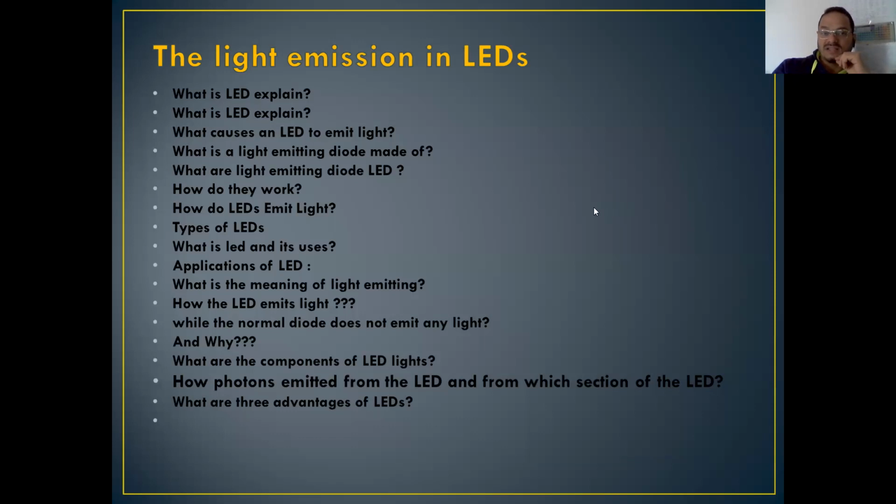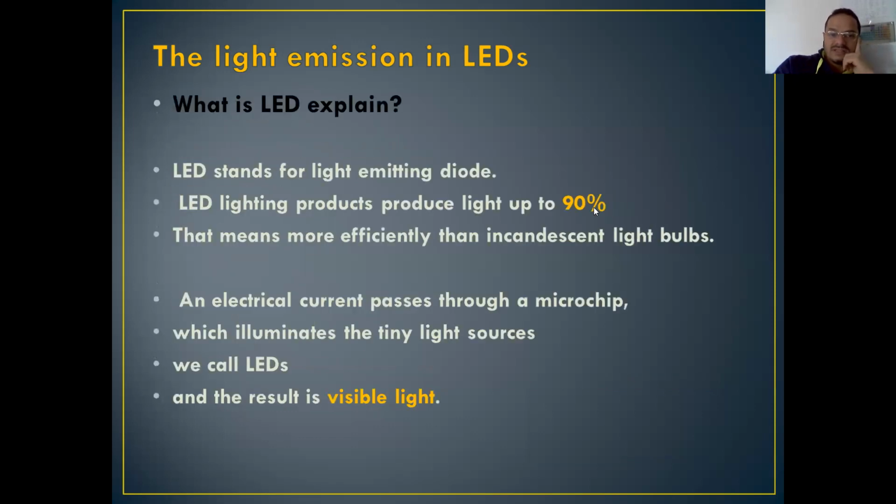Let's start with what an LED is. LED stands for light emitting diode. Lighting products produce light with efficiency near 100%. That means we're dealing with a small amount of losses, maybe less than 100%. That's great, more efficient than light bulbs.